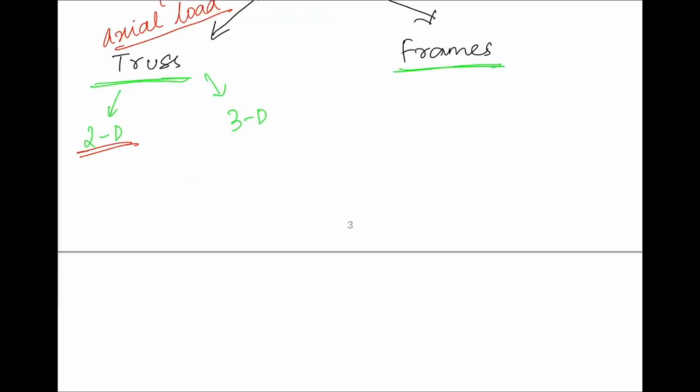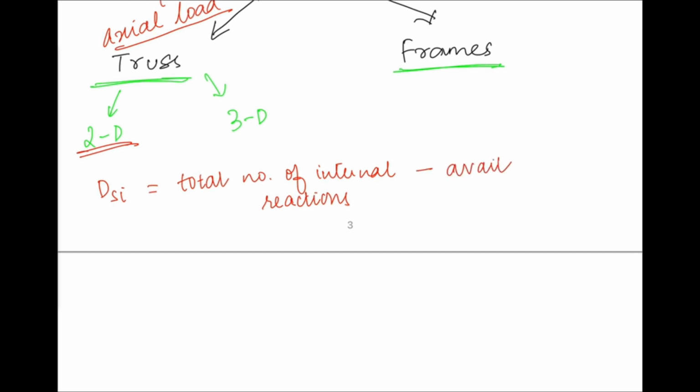So your degree of static indeterminacy given by dSi is equal to, first of all, the total number of internal reactions, and you remove the available equations of equilibrium. Okay.